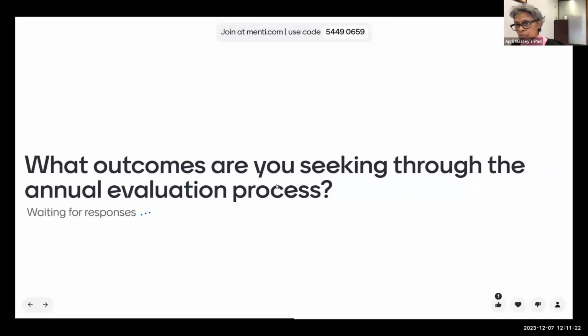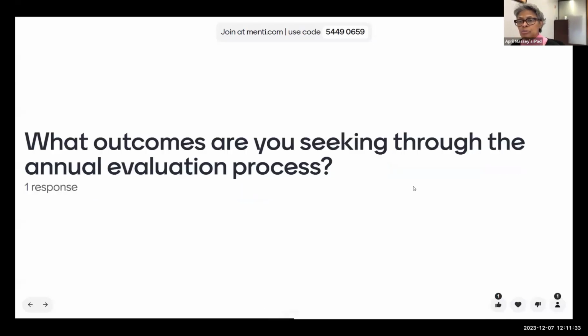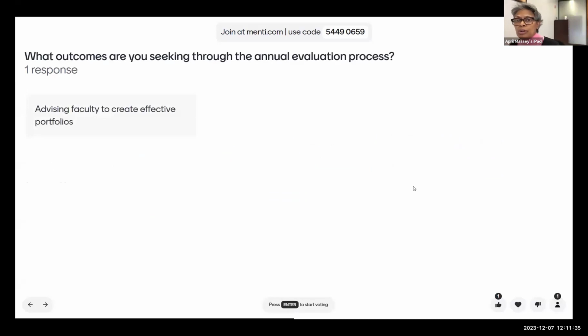In the same way we do self-study for Middle States, those of you that have professionally accredited programs, you're doing self-study, most of them annually now. What do you see this process to be for you in terms of your annual self-study? What are you looking to have available to you at the end of the line?